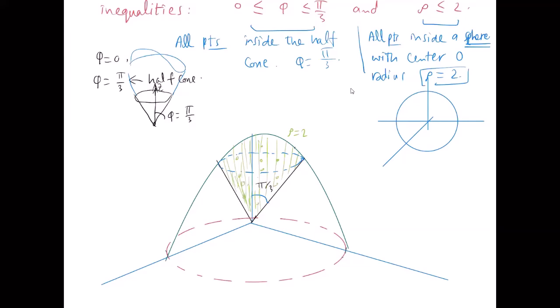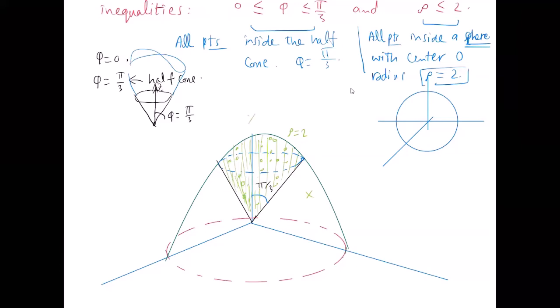These points satisfy both criteria. Their phi is less than or equal to pi over 3, which means they are inside the cone. And rho is less than 2, so they are inside the sphere. For example, this point is not taken. Why? It has a rho less than or equal to 2. It is inside the sphere, but not inside the cone. Got it?